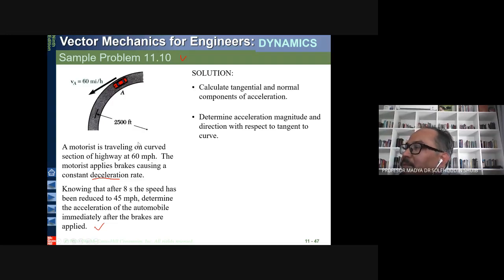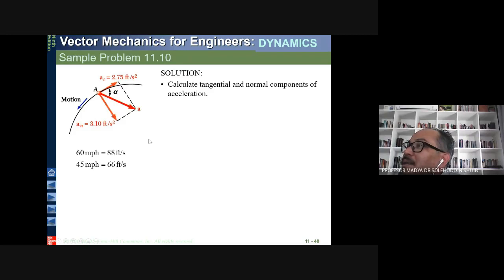This is our plan to solve this problem. Calculate the tangential and normal components of the acceleration, and then find the magnitude and direction of the acceleration with respect to the tangent to the curve. So we start with this one.